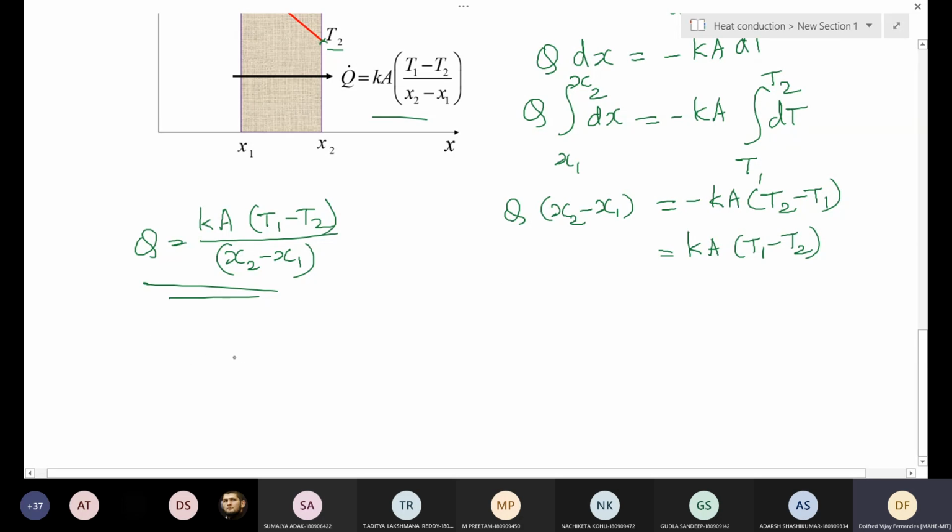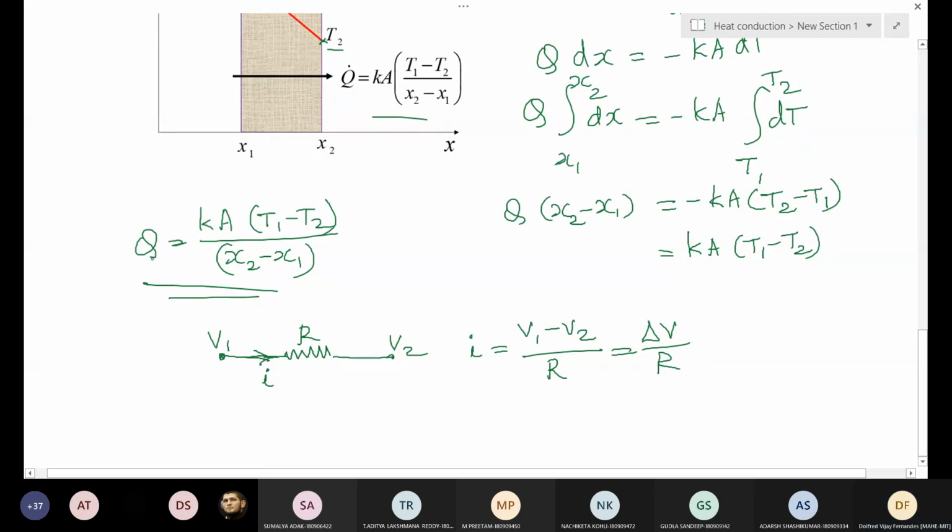If we have a circuit with a resistance, and if you apply a voltage difference across that, then we can measure the current through the circuit. This you have already studied. So we know I equals the difference in voltage, V1 minus V2, divided by the resistance, or delta V over R. This concept can be applied to heat transfer also, and we can see from the formula here.